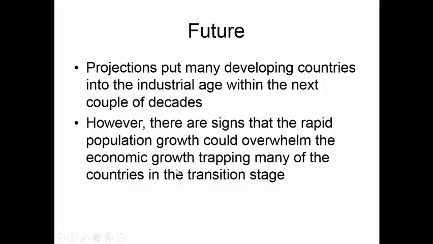However, there are signs that rapid population growth could overwhelm the economic growth, trapping many of the countries in the transition stage. And this is what I was talking about earlier.